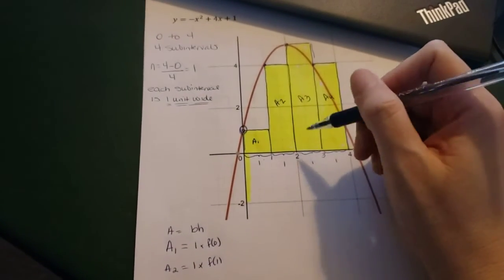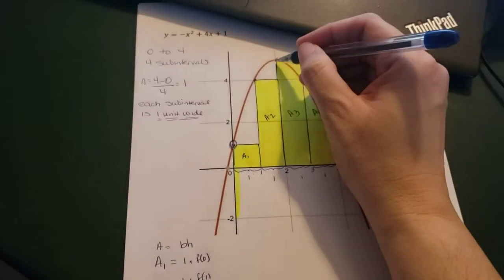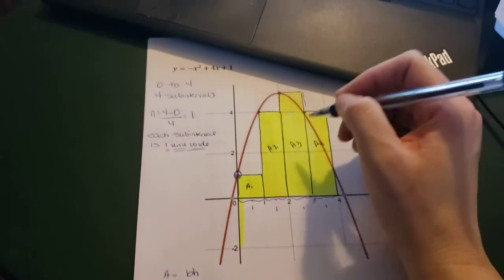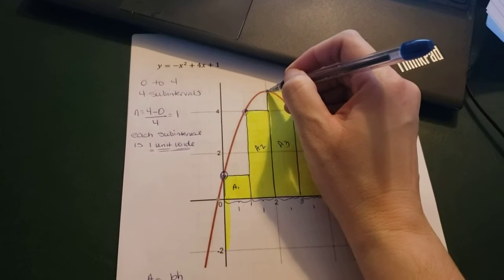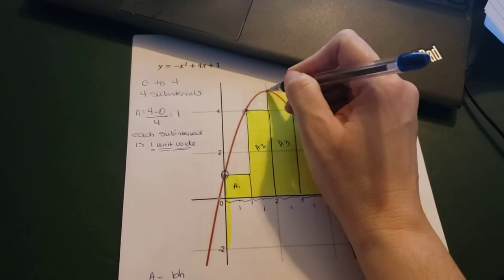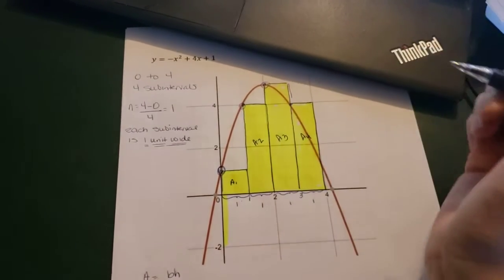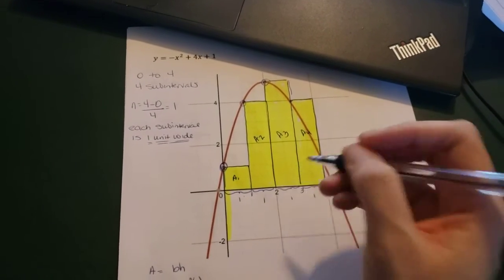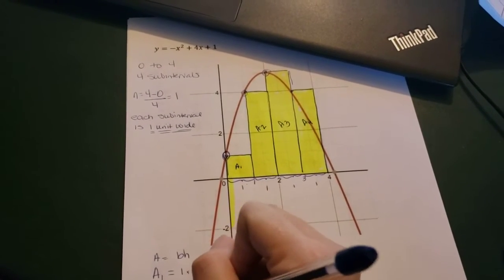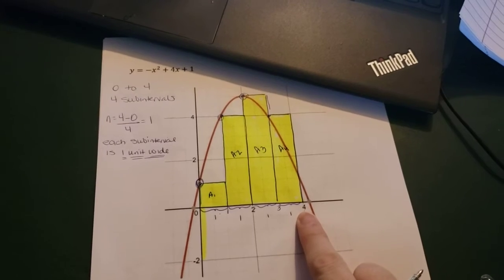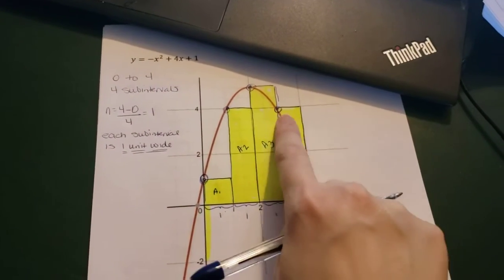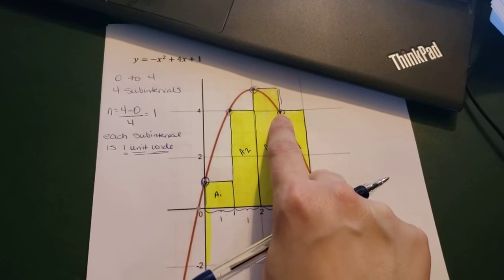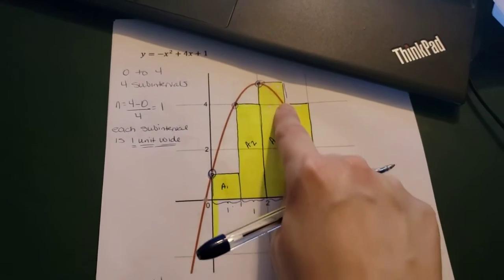All right, and then for the third rectangle, we're going to go all the way up here to the top. The height of this rectangle is equal to whatever the function is right there. So that's at 2, so that would be f of 2. And then the height of the fourth rectangle is whatever the point is right here, where x is 3.